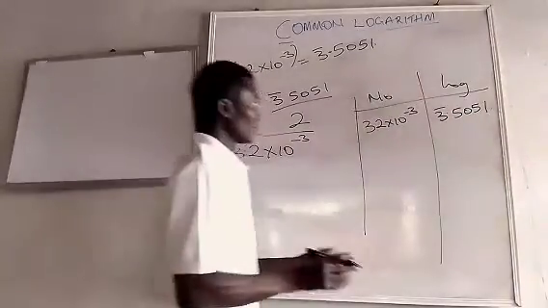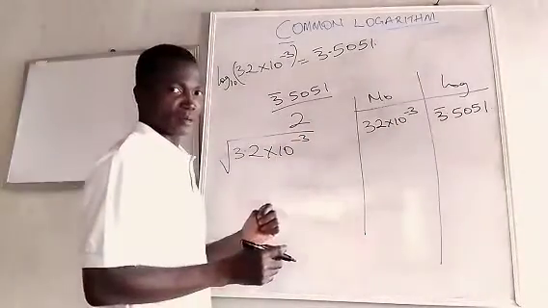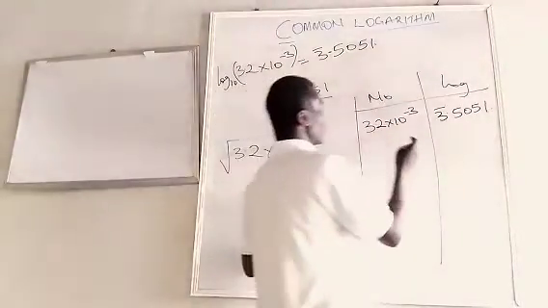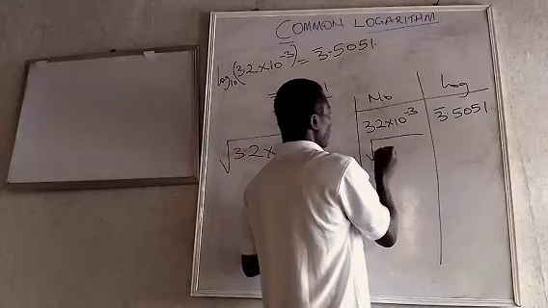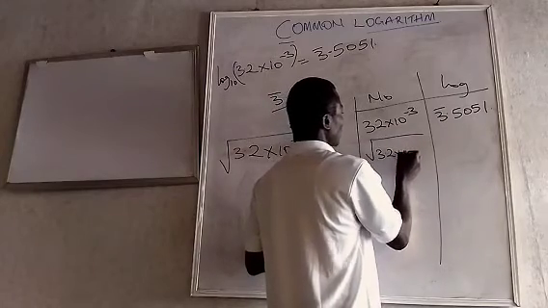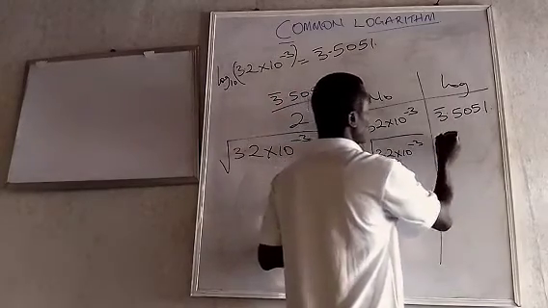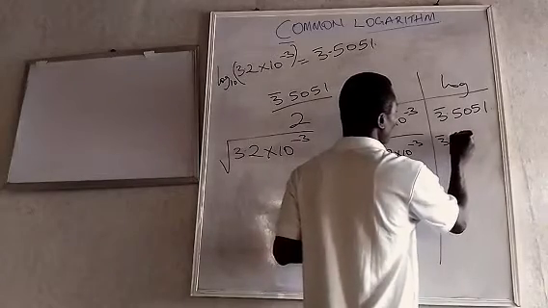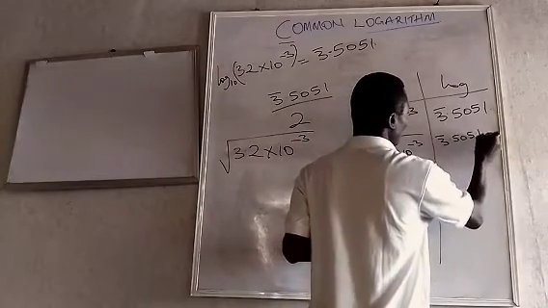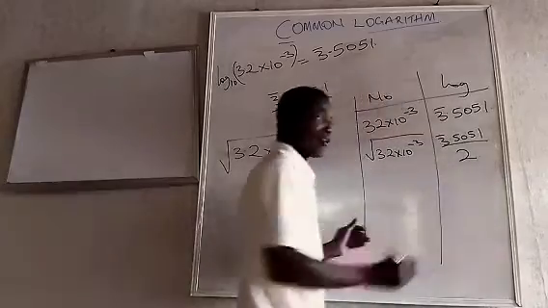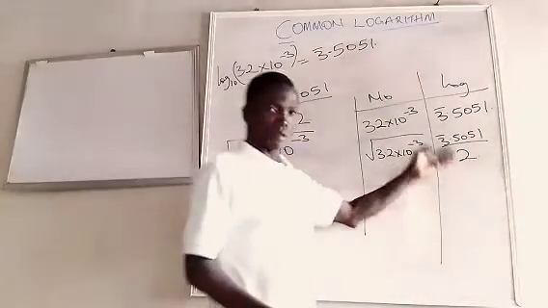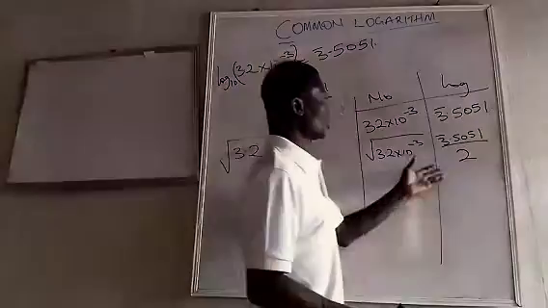You can see, I want to find the square root. It is going to be 3.2 times 10 to the power minus 3. It's going to be bar 3.5051 divided by 2. And from my explanation before, you know we cannot do this one straight. What do we do?